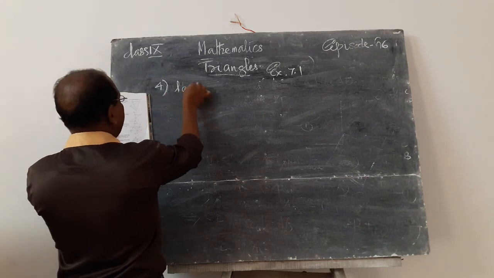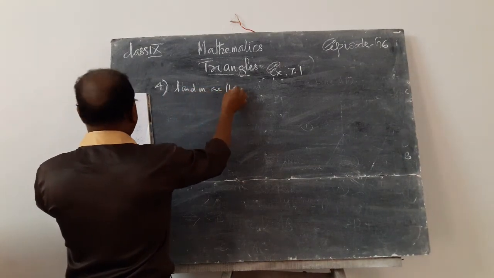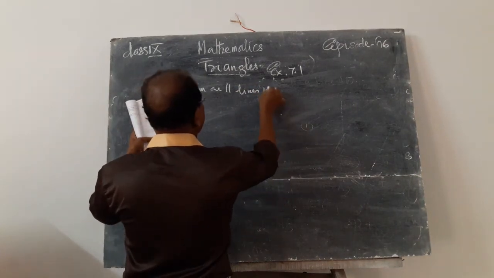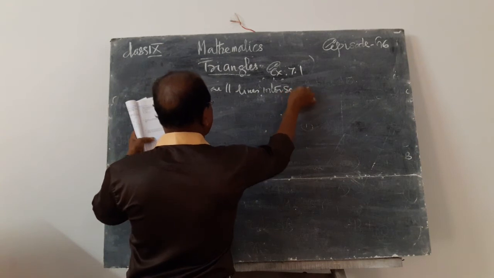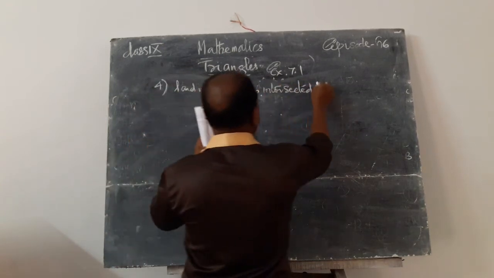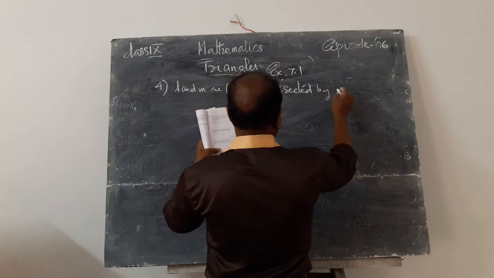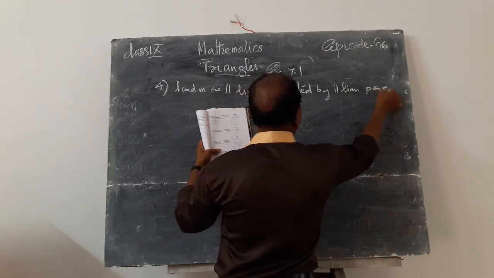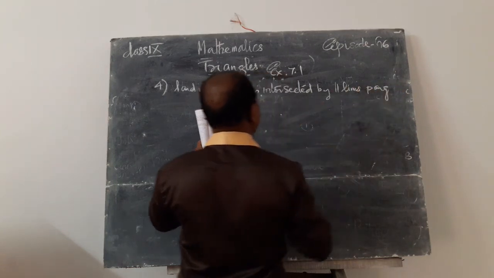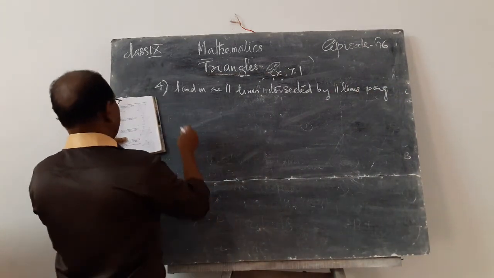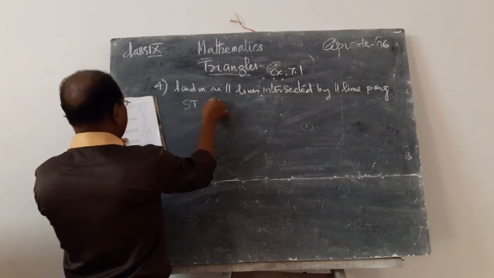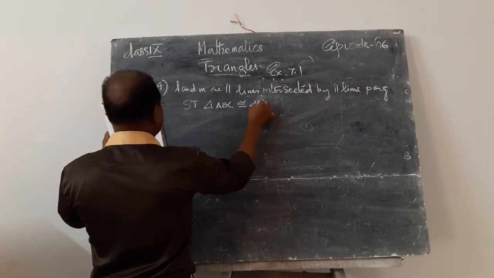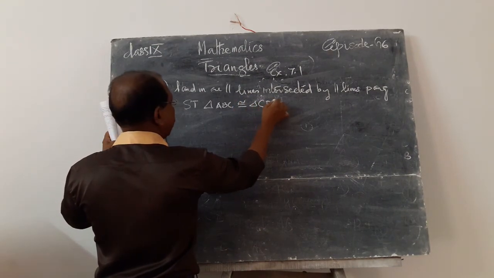L and M are parallel lines intersected by parallel lines P and Q. Show that triangle ABC is congruent to triangle CDA.